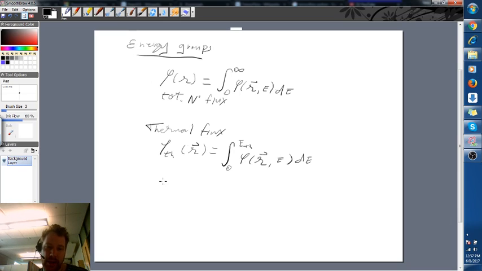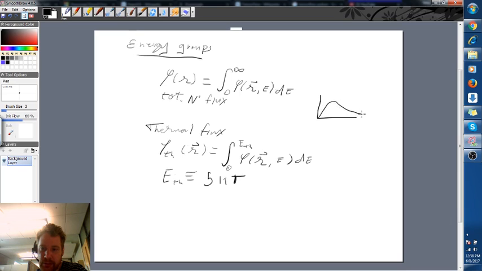And as a rule of thumb, the thermal energy is approximately equal to 5 times the Boltzmann constant times your material temperature. And this is from your study of statistical mechanics, where if we have something in thermal equilibrium, it assumes what's called a Maxwellian distribution.